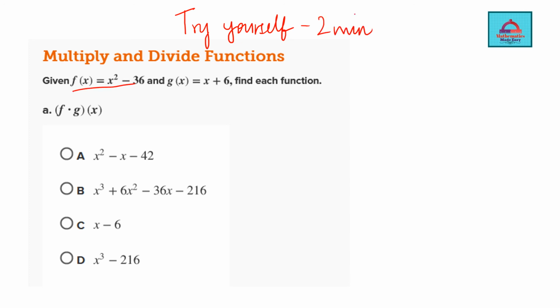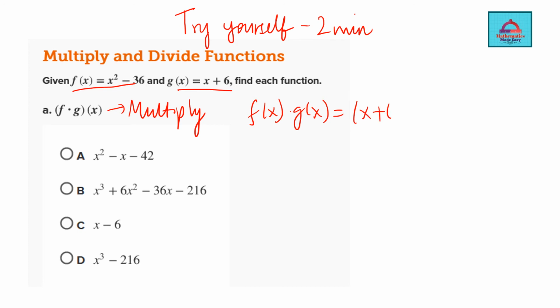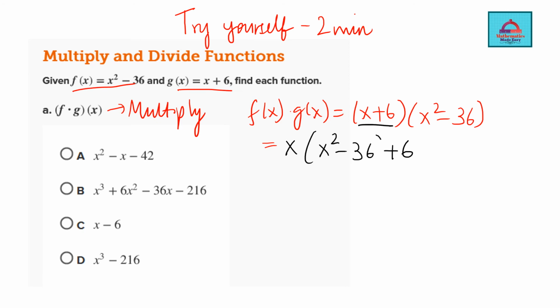So f of x is given, g of x is given, you have to multiply. So when you multiply, which property will you use? You will use distributive. Which is the smaller function? X plus 6. The bigger one is x square minus 36. So distribute, break this into two parts. If you break this into two parts, x plus 6, and then you write the same function as it is.